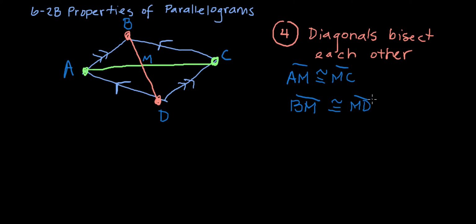So let's suppose I knew that MD was 8 and MA was 7. I can now say that I know what MC is. MC must also be 7 and MB must also be 8.